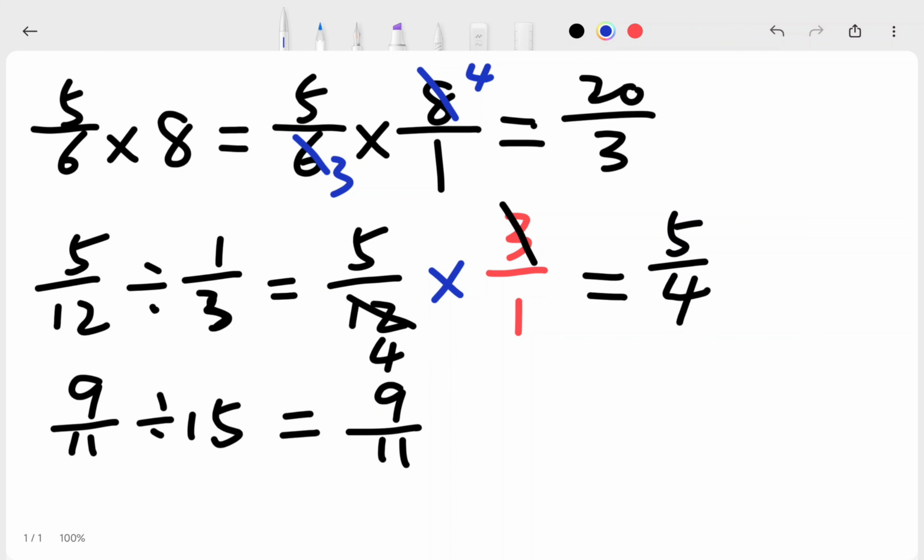Again, we change the divide to multiply and flip 15 to its reciprocal. Remember, 15 is just 15/1. So the reciprocal of that is 1/15. And simplify as you go.